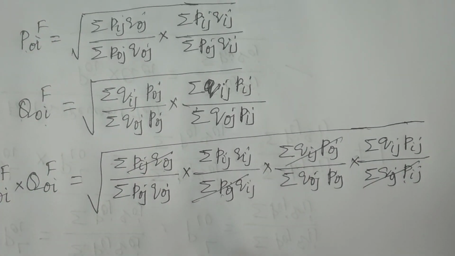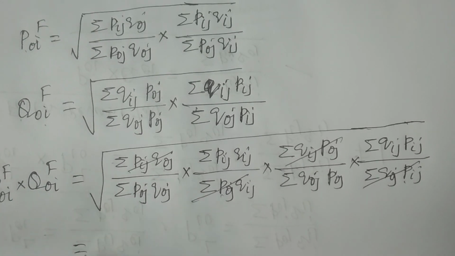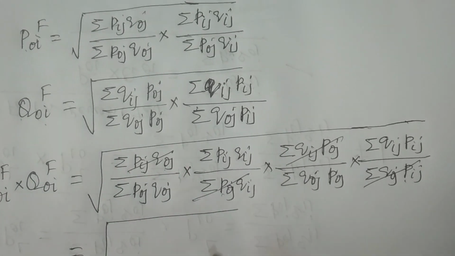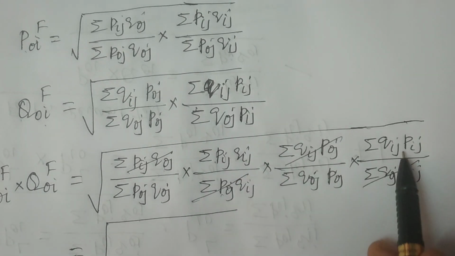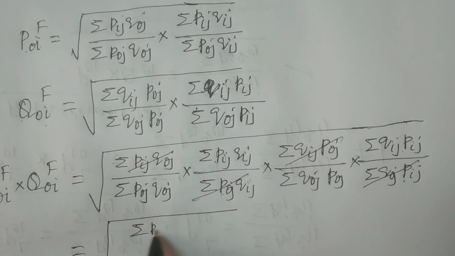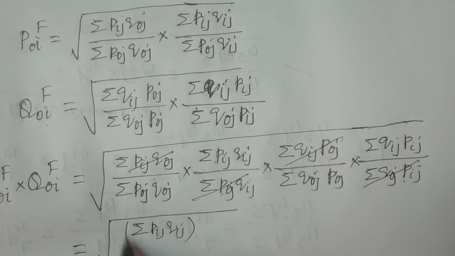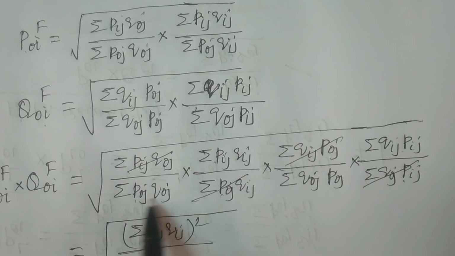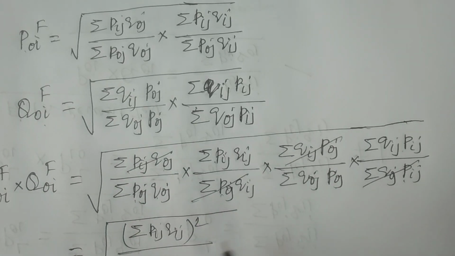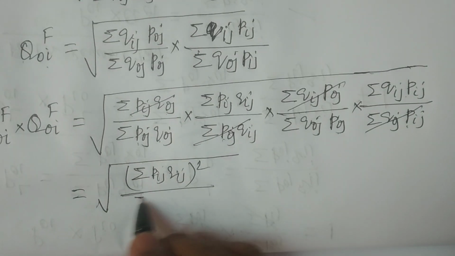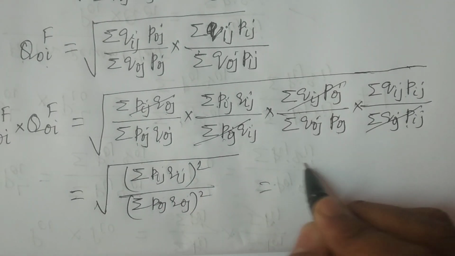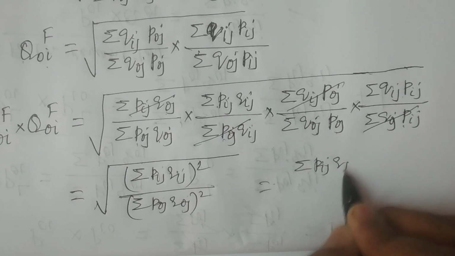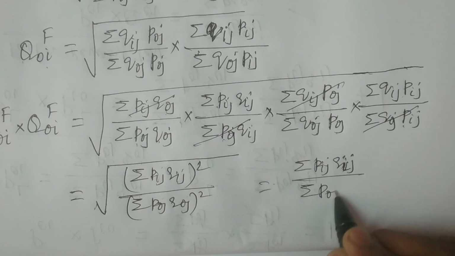The remaining value is summation Pij Qij whole square over summation P0j Q0j whole square, which is equivalent to summation Pij Qij, taking the square root outside, divided by summation P0j Q0j.